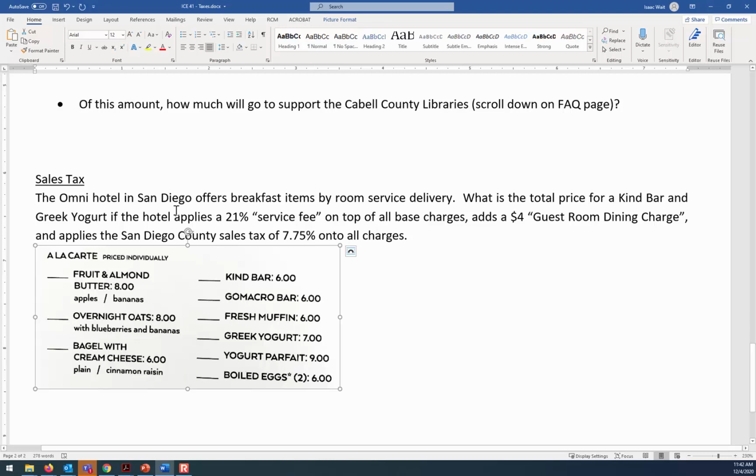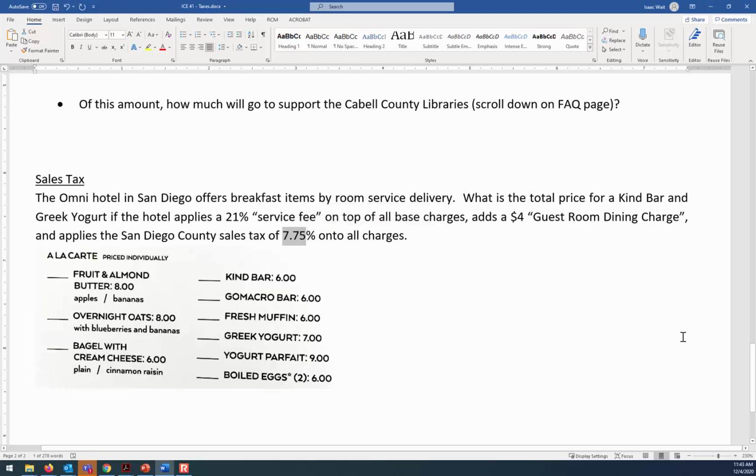Here's what they were doing: this price was just the price for the item, but then they charged you 21% on top of it as a service fee, and then there was also a $4 guest room dining charge, and then San Diego sales tax applied on top of all the rest of that.